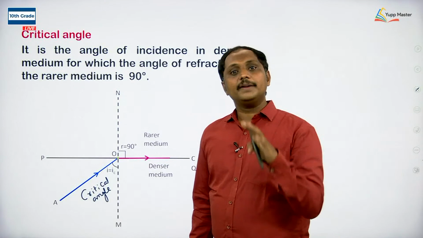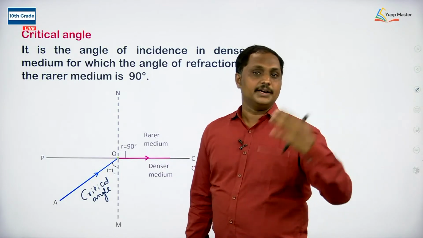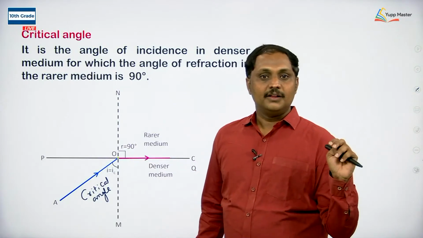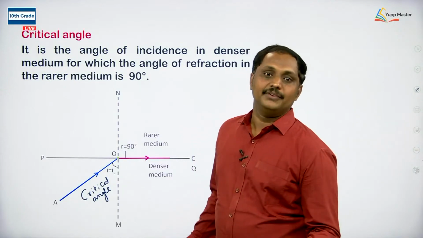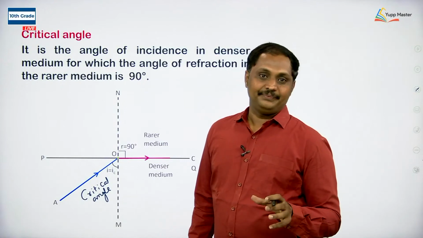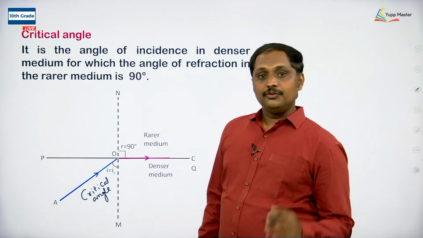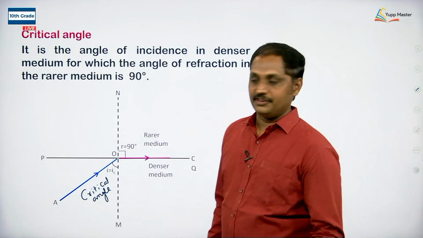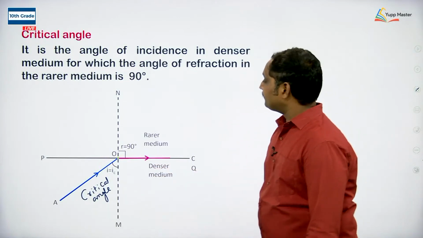The optical fibers are laid from one country to another with the help of the sea basin. The maintenance and communication are very easy when you place the optical fibers in the water medium, which supports the total internal reflection. That is the general observation.